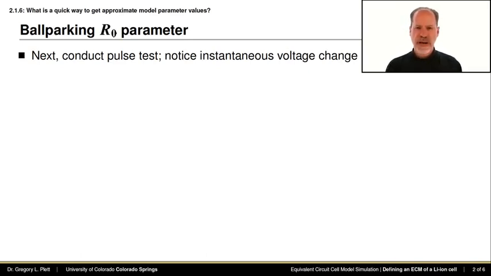This laboratory test takes a cell and subjects it to a short constant current discharge pulse, and then removes that current and allows the cell to rest at a zero input current value. And during this test, we record the terminal voltage as a function of time.